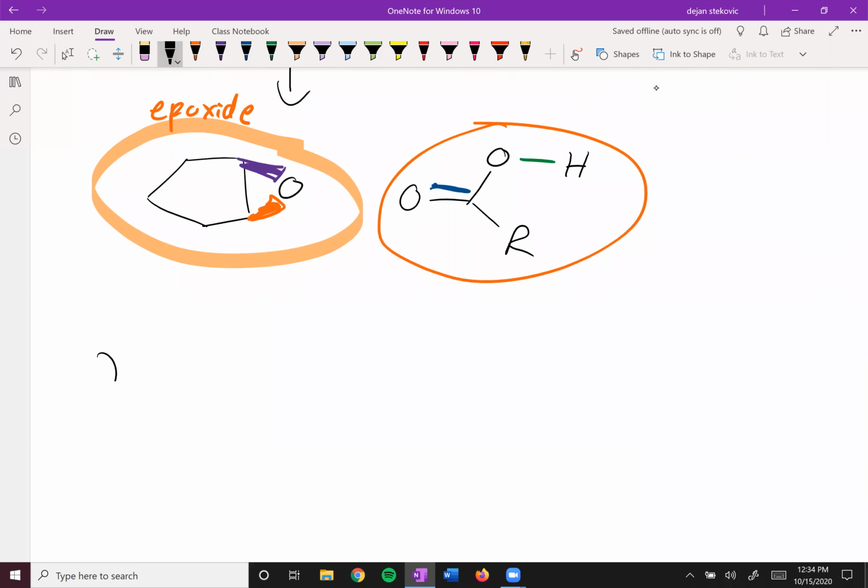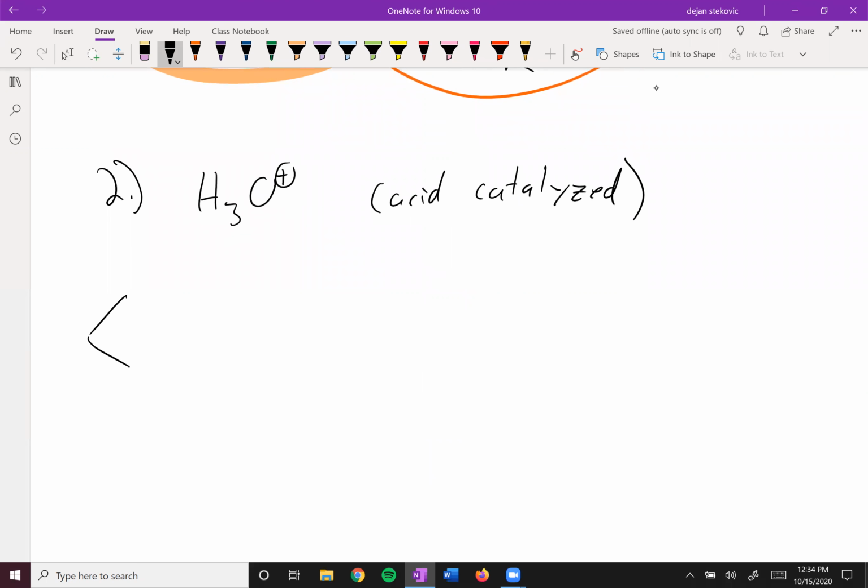This is often followed up by adding an acid, something like H3O plus, right? This is called acid catalyzed. The first thing that's going to happen here is we'll have our epoxide, and this thing's going to pick up an H plus to protonate itself.